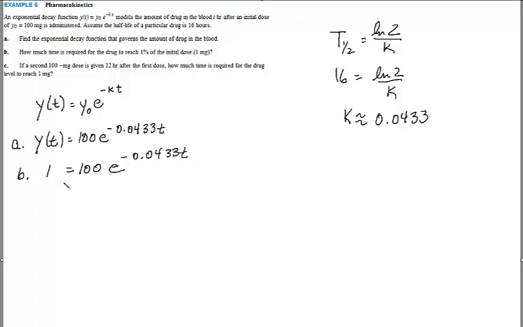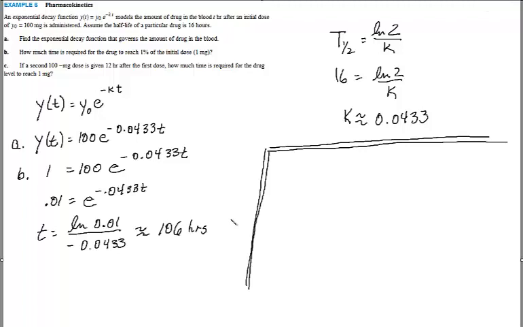I'm going to go ahead and divide by 100, and of course over here I get the 0.01, which I could have just started off there. Then I'm going to take the natural log of both sides and find my t. Okay, I get 106 hours for that.